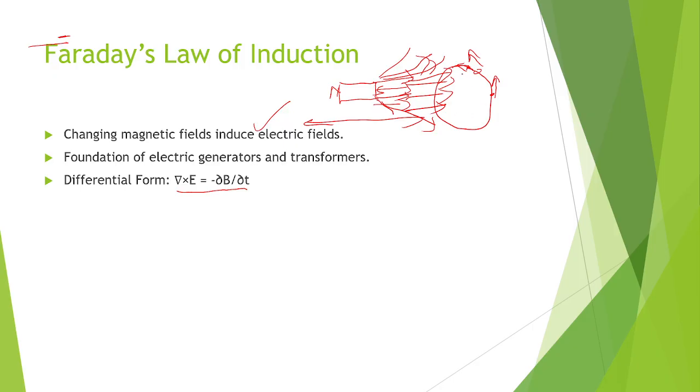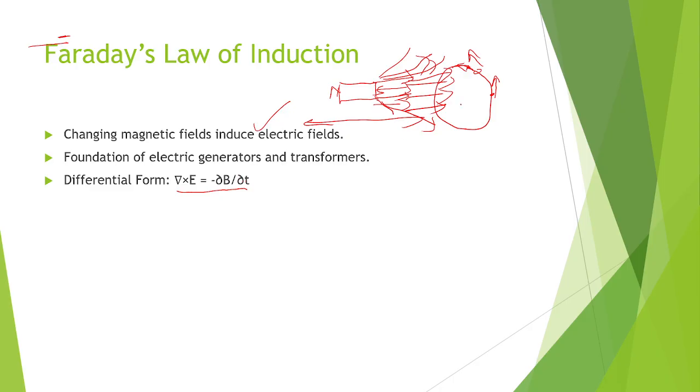That is the basic principle of the generator. So you see, this is mathematically written over here. The curl of E equals the changing magnetic field in time.